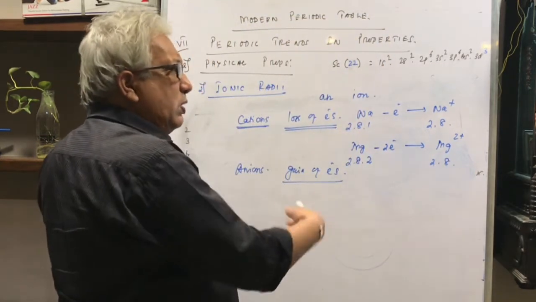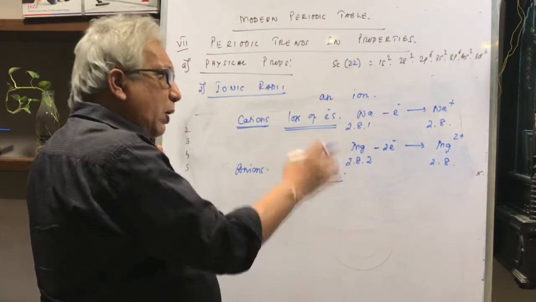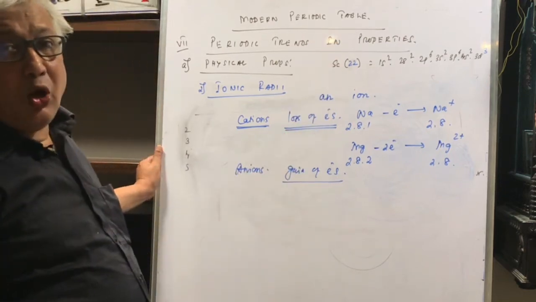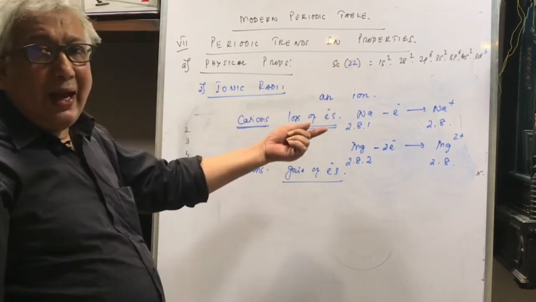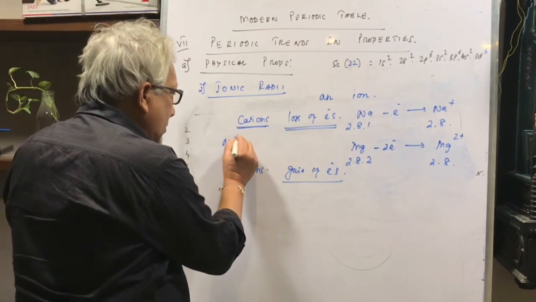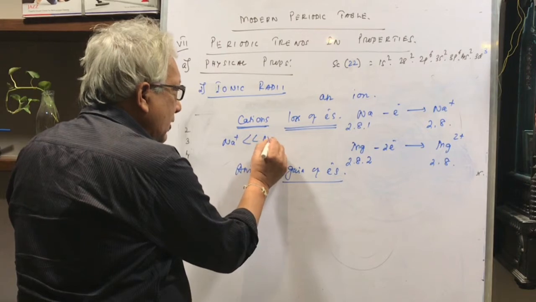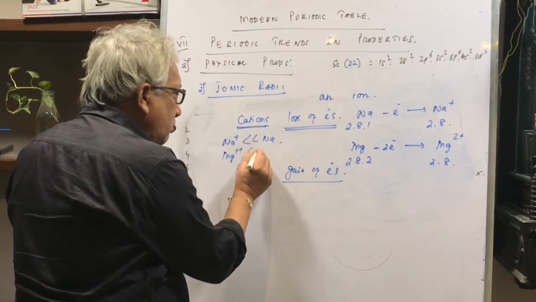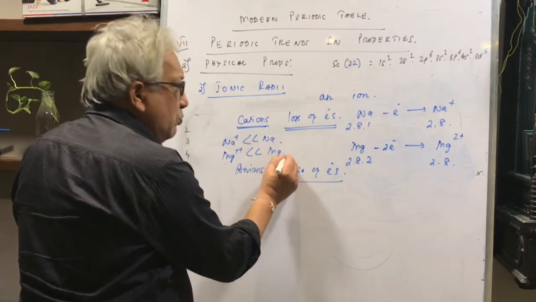So the third shell which was there has totally gone. Because of that, you will find the size of the cation is much smaller than the corresponding atom. What I mean is Na plus is much smaller than Na, and Mg2 plus is much smaller than Mg.